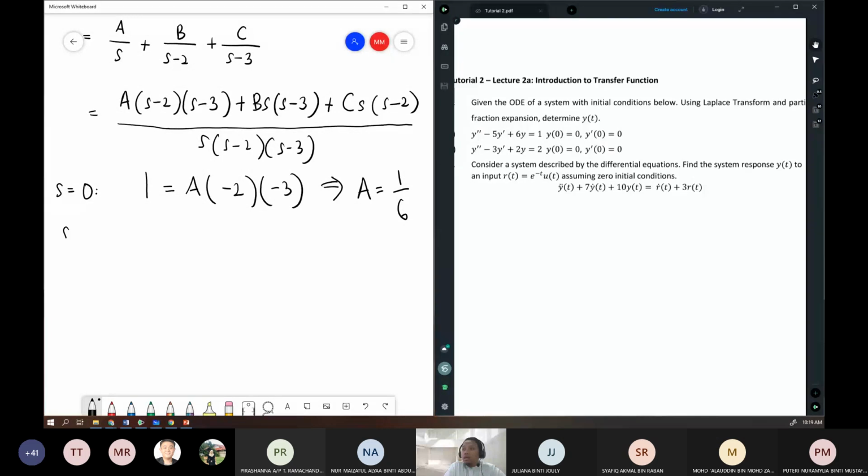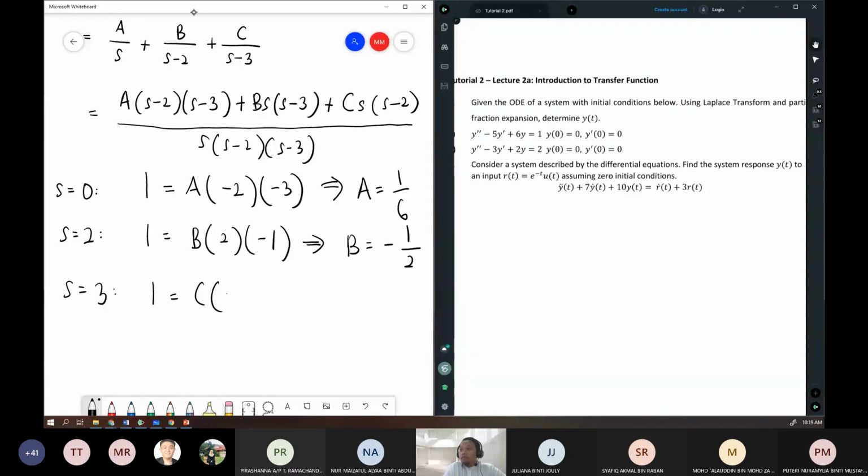Then substitute s equals 2, we get the value of B. So B equals minus half. And then lastly, s equals 3, we get the value of C. Okay, so after we get all these values, we can substitute back into the equation.